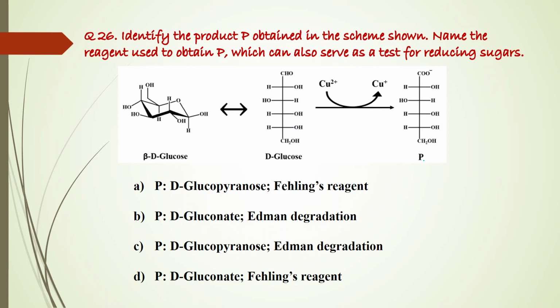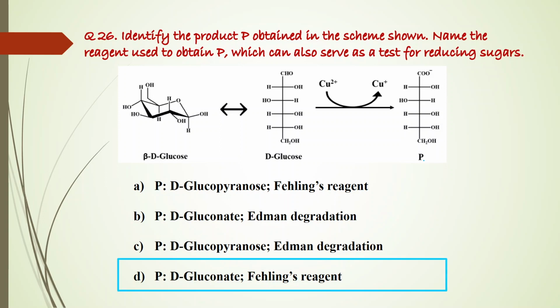Yes, we already have the answer, absolutely correct. So this structure is called D-gluconate. Why so? Because here you can see the CHO group, or the aldehyde group, has been converted to COO minus, which is known as an onate. So it is glucose plus a COO minus, you are adding an onate.